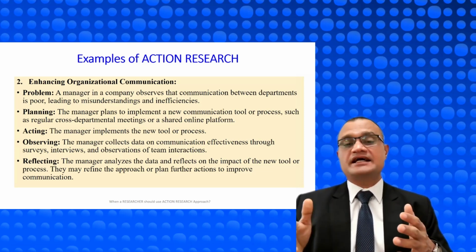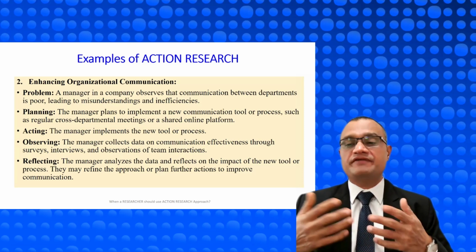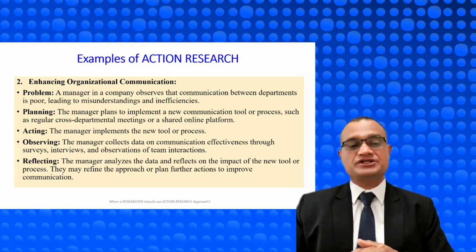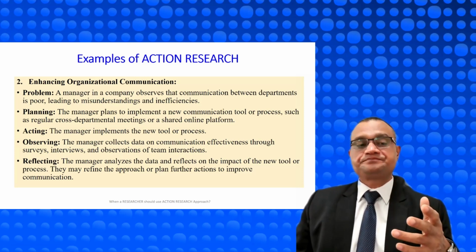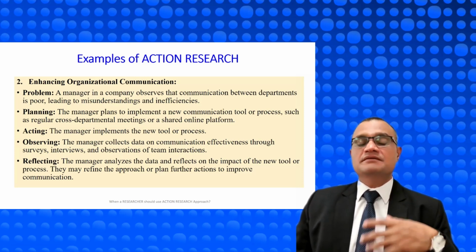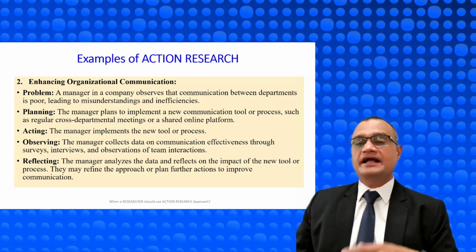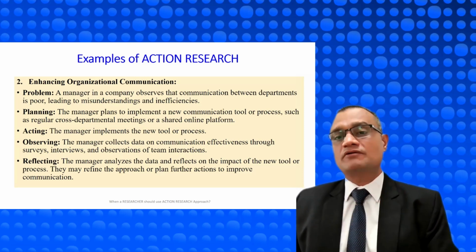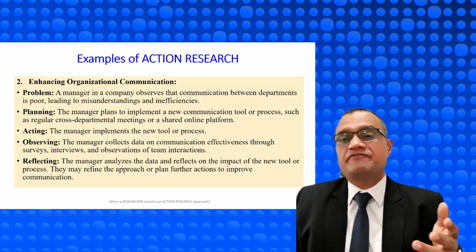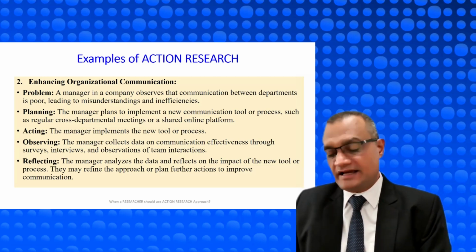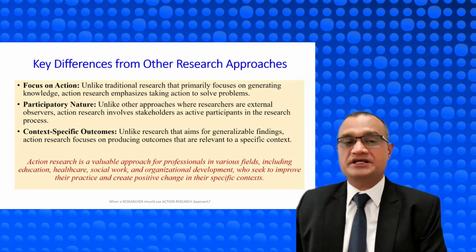Observing: the manager collects the data on communication effectiveness through surveys, interviews, and observations of team interaction. Reflecting: the manager analyzes the data and reflects on the impact of the new tools or processes, and they may refine the process or plan further actions to improve the communication.